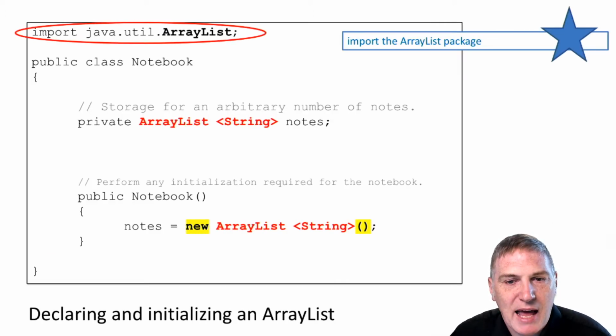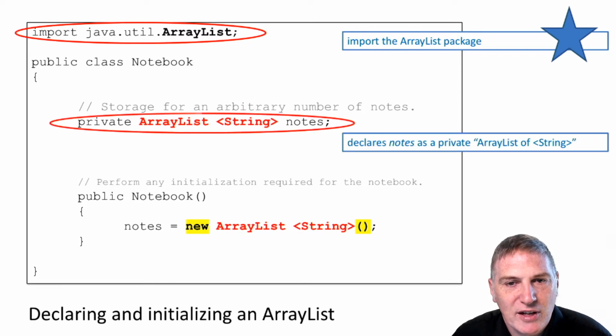So let's look at how we declare and initialize an array list. First of all, we need to import the array list class from the Java util package in the first import statement here in our code. Next, inside our notebook class, we saw how to declare notes.